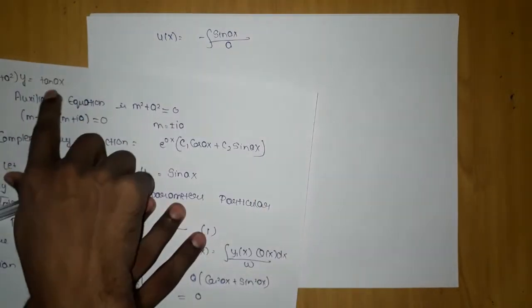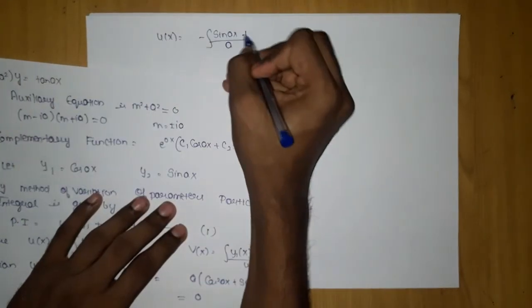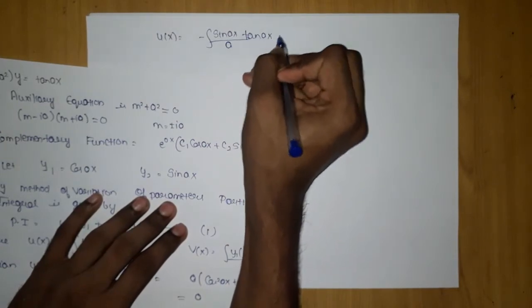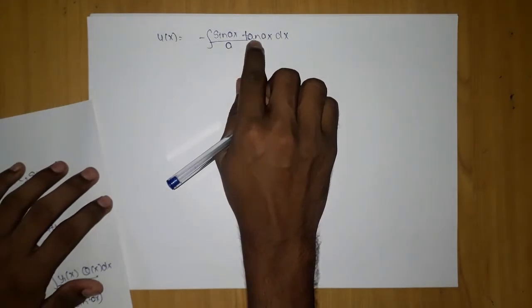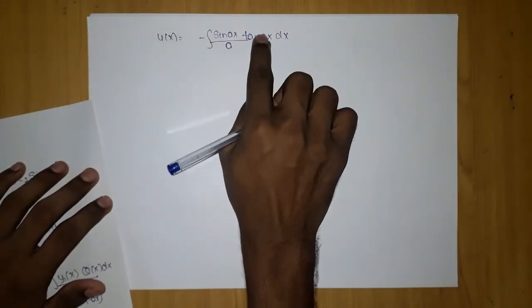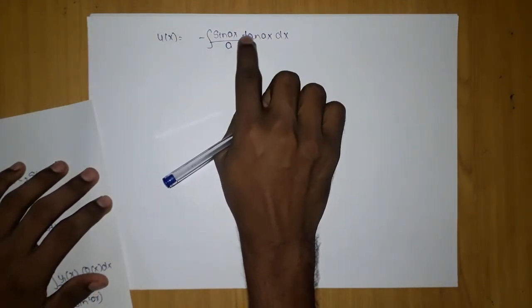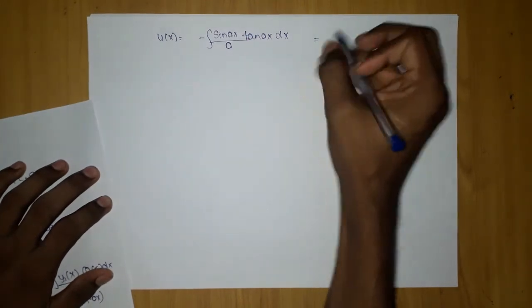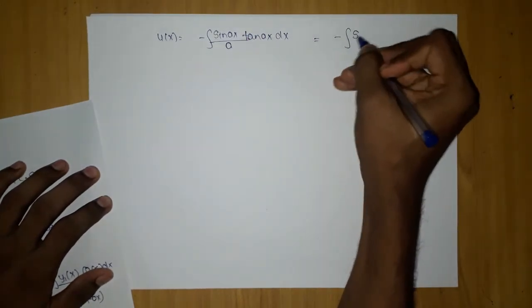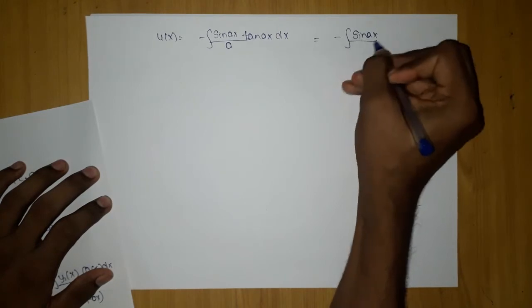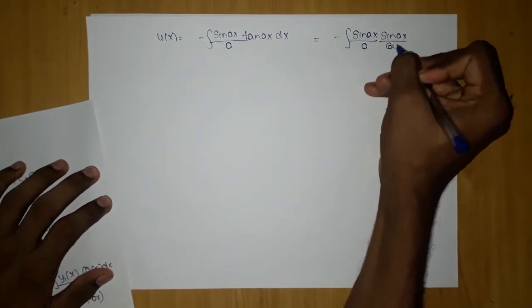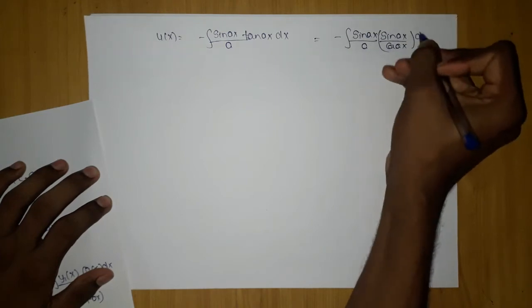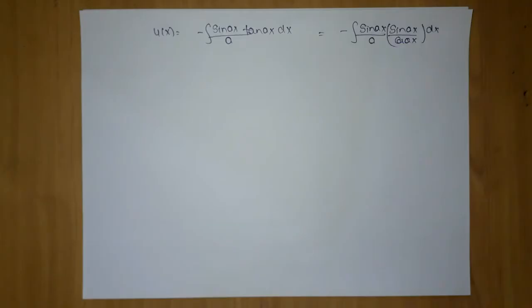If you observe, q of x is tan ax, so we write here tan ax into dx. If we write tan as sin by cos, it will become sin square ax. So we write this as sin ax by a into sin ax by cos ax, into dx.